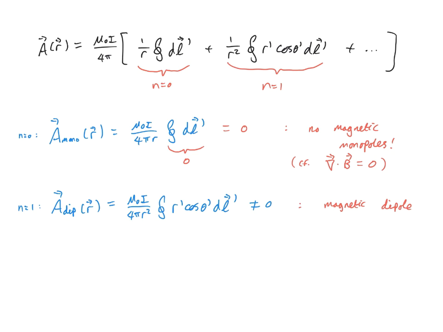This can be written in a coordinate-free representation. Here I specified an origin, I specified this thing called theta primed, and it looks a little bit messy. So let's try to write this in a coordinate-free representation, and I can do that using vectors.